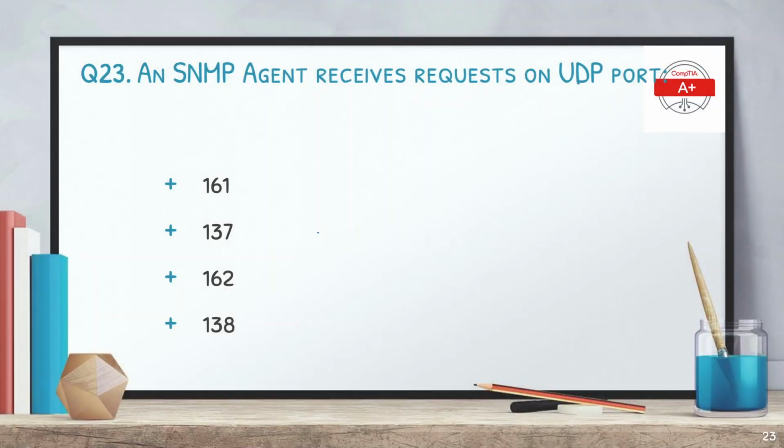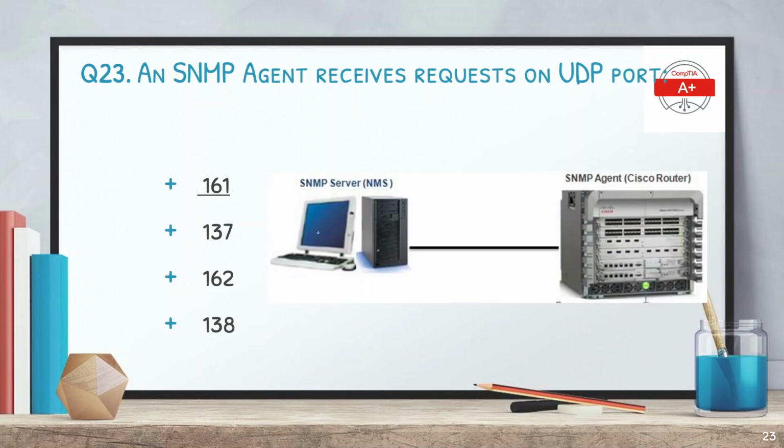Again, question number 23 is related to the previous question: an agent receives requests on UDP port 161, 137, 162 or 138, and the correct answer is 161. So in the previous question we studied that the SNMP server or the NMS receives data on port number 162 while the agent receives data on 161.